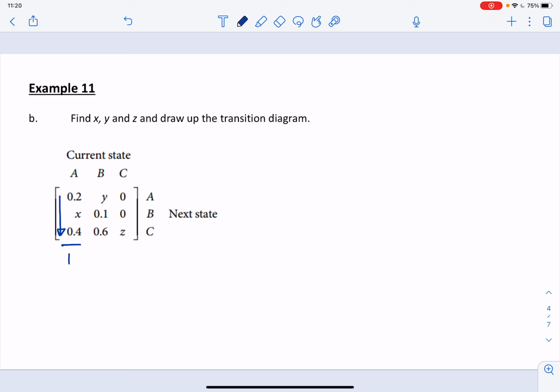If I go 0.2 plus 0.4 equals 0.6. 1 take away 0.6 gives me 0.4. That means that my X value is going to equal 0.4.